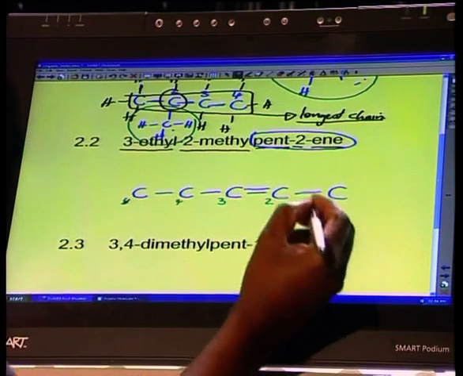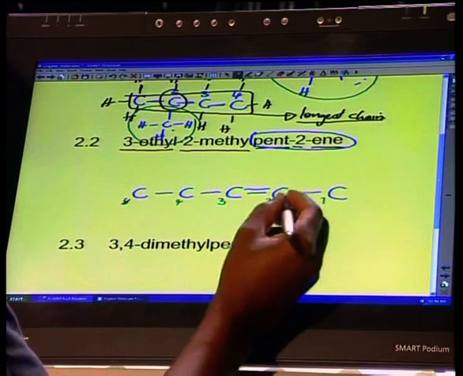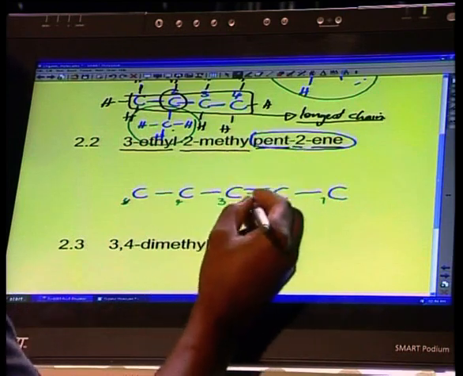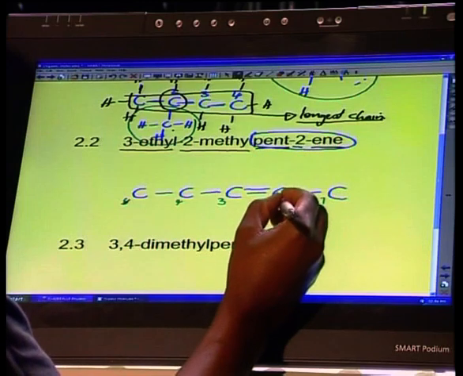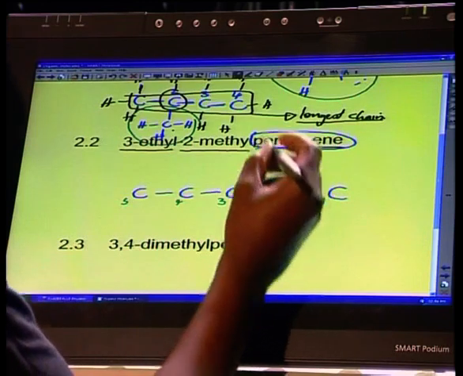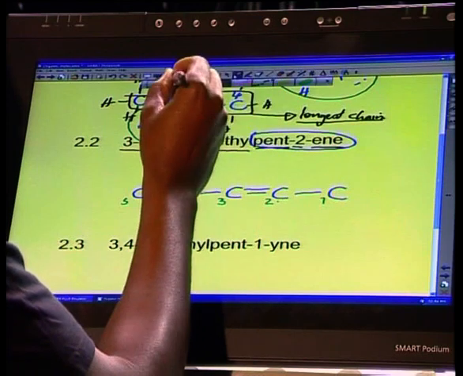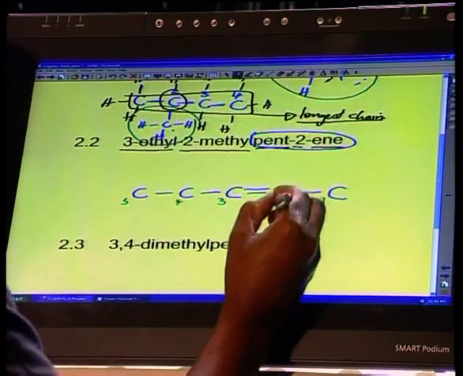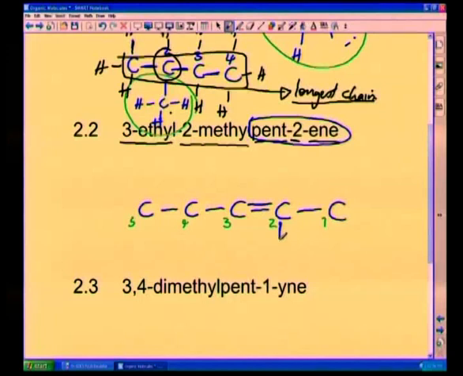So when it says 2-methyl, it means the methyl group is attached to carbon atom number 2. So here I'll have a methyl group. Let me write it down. Methyl, that is the methyl group. So it is on 2.